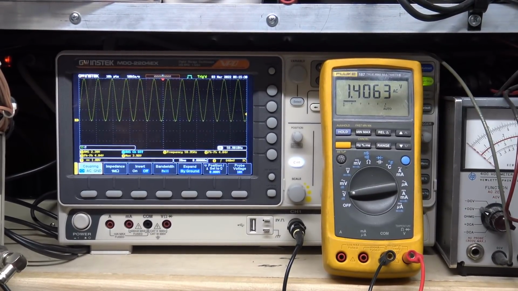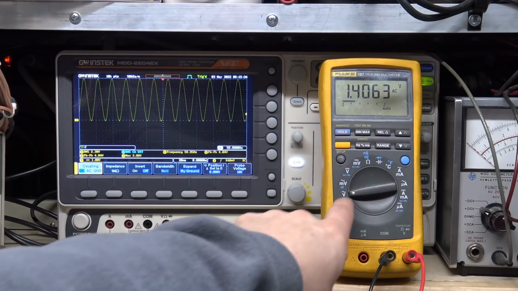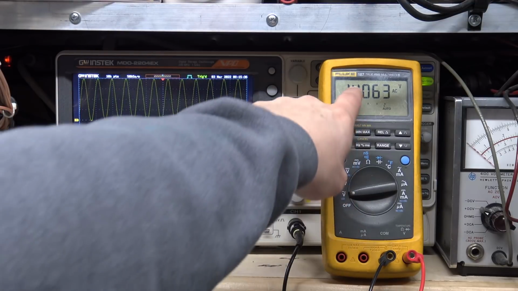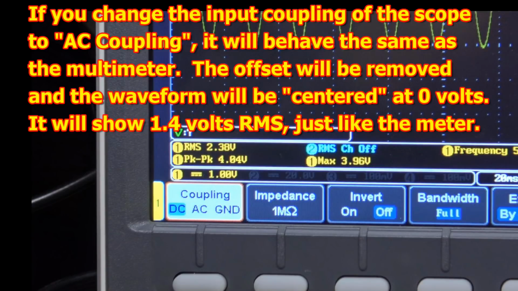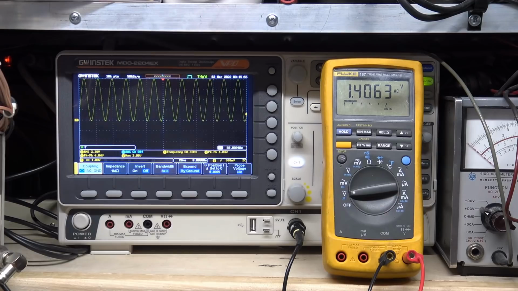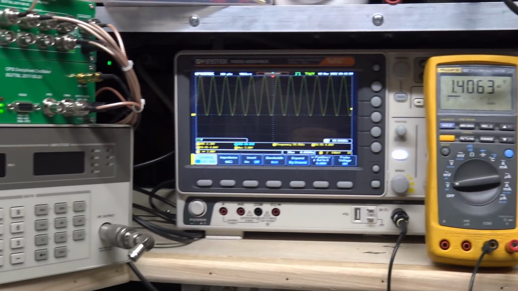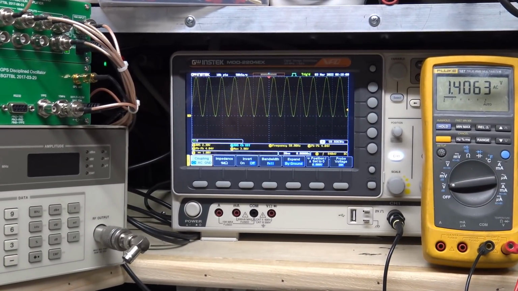Well, this is a function of these meters. Whenever you set your meter to AC, the meter disregards any type of offset. It assumes that it is a symmetrical waveform. However, if you look at the scope, it takes into account the offset.